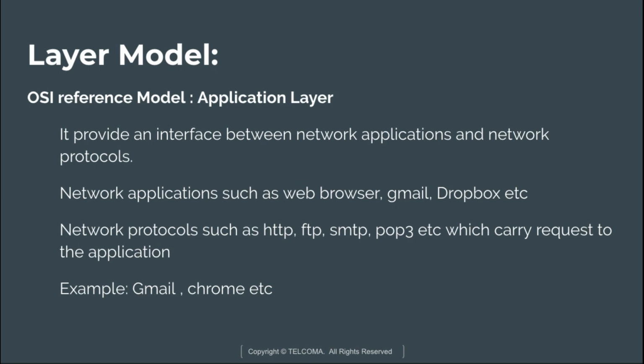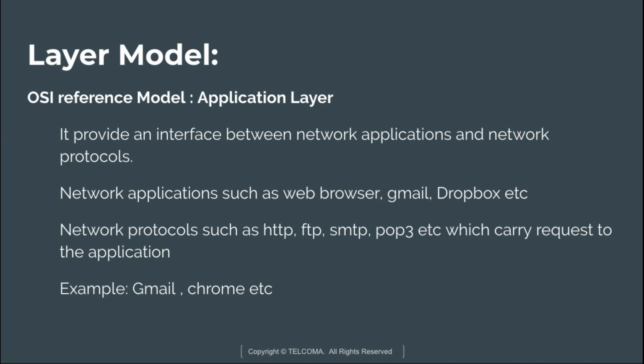The first one is the application layer. This application layer provides an interface between the network applications and network protocols. The network applications are such as web browser, Gmail, Dropbox, etc., and network protocols are such as HTTP, FTP, SMTP, POP3, etc. These protocols are used to carry requests to these applications.